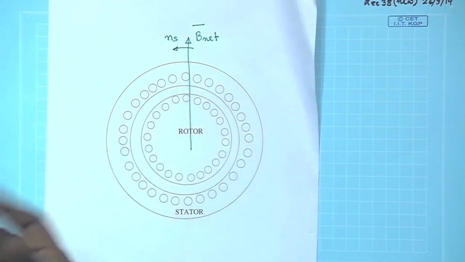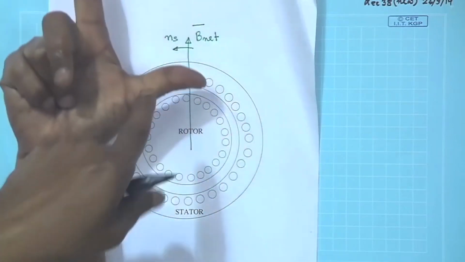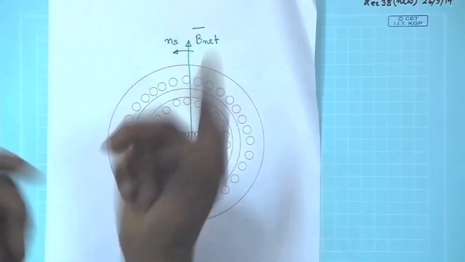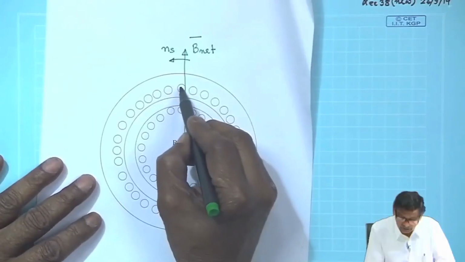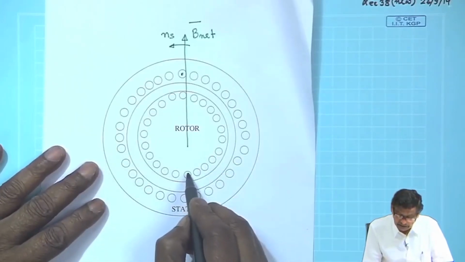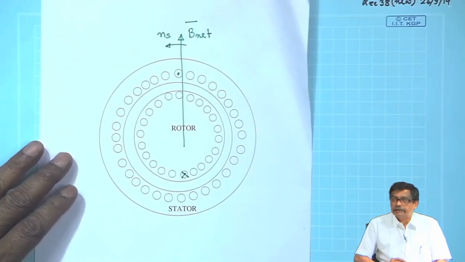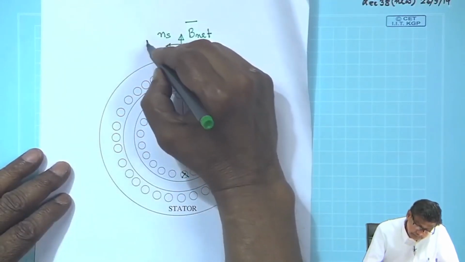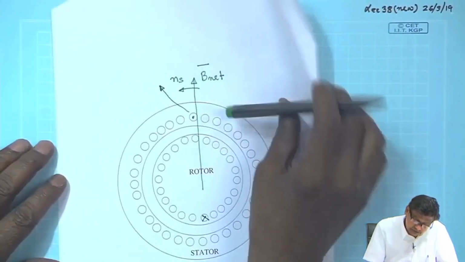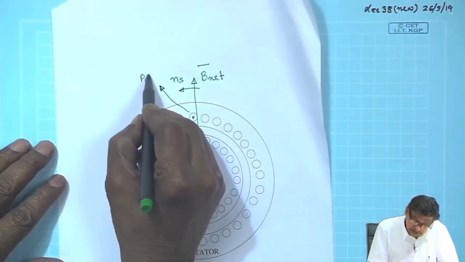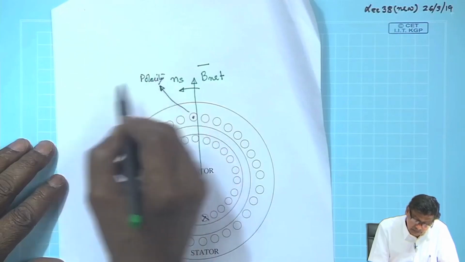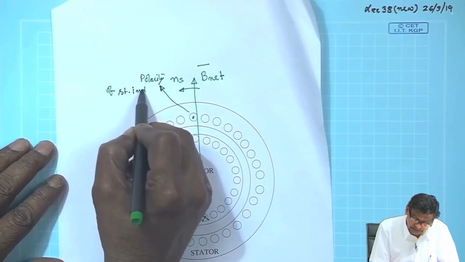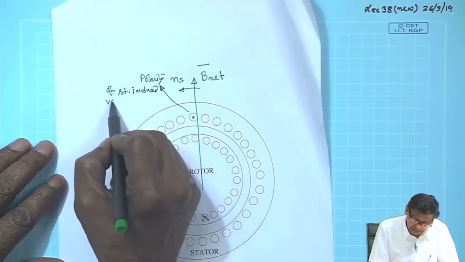If you apply that, this is V of the conductor with respect to B net, and it will become dot and this will become cross. And mind you, this is the polarity of the stator induced voltage.